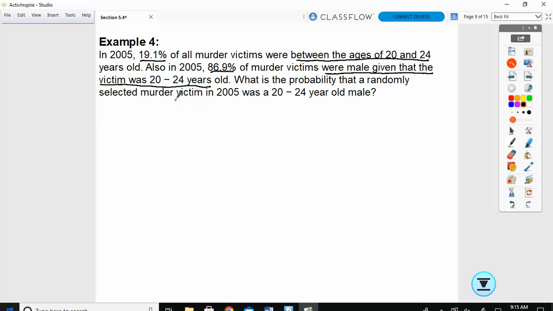And I want the probability that a victim was a 20 to 24-year-old male. So here's what we have.